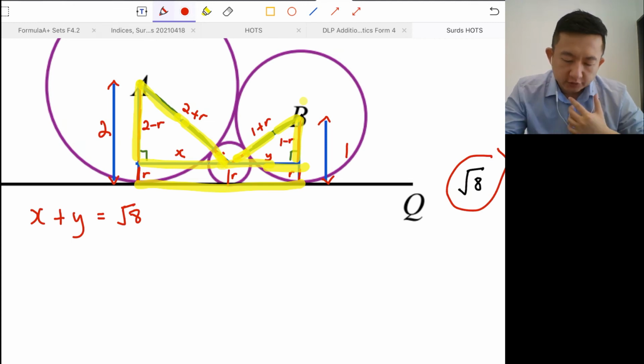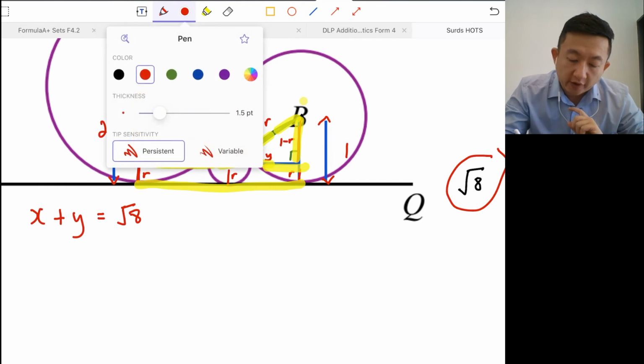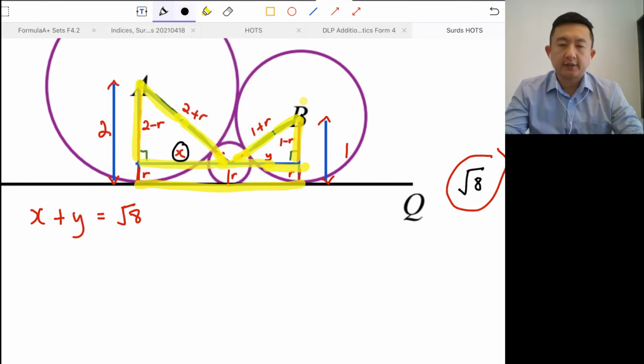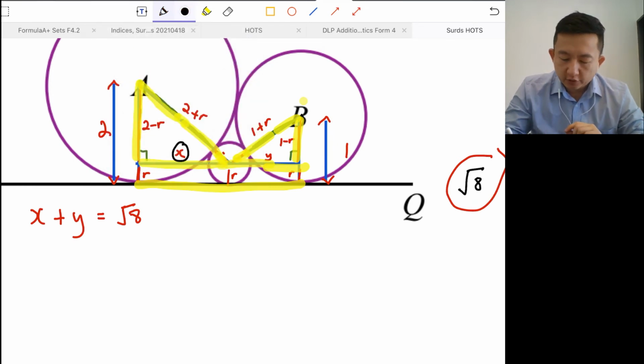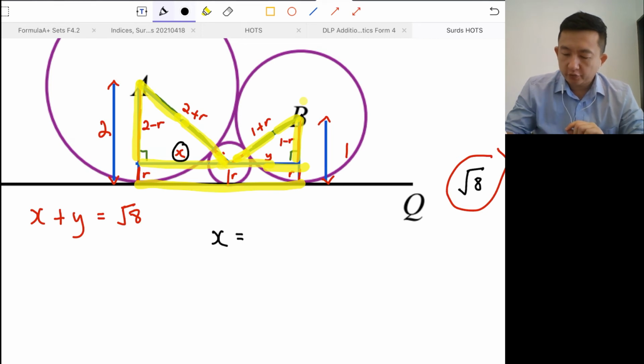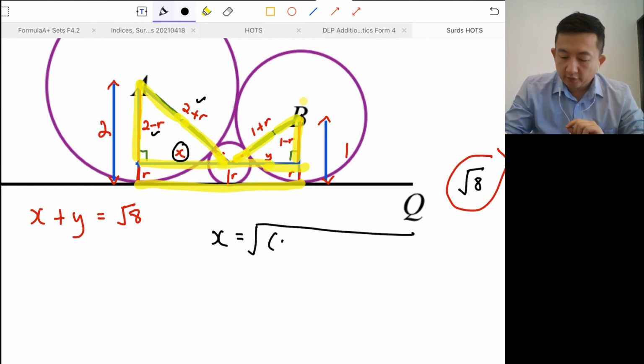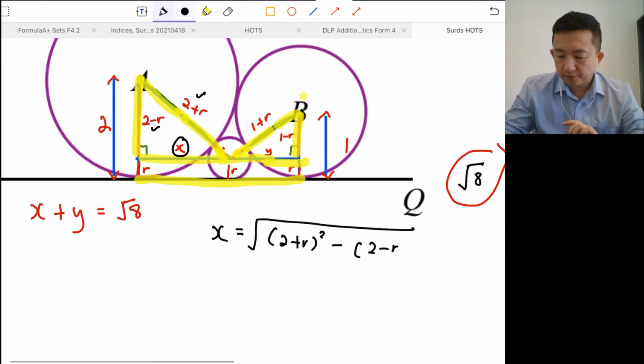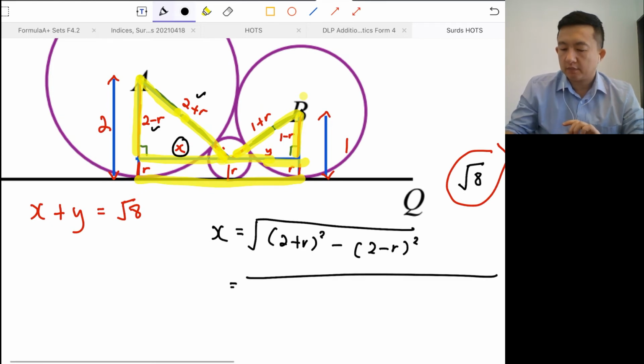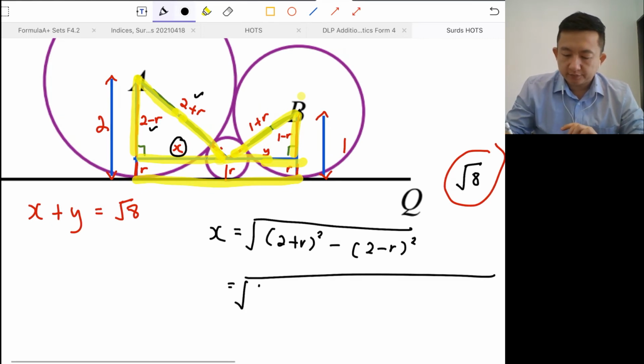And you know that that is 2 right angle triangles. If I want to figure out the value for X here, I can use Pythagoras Theorem. X equals the square root of this and this. This is how I write. Okay, this is just Pythagoras Theorem. Expand it.